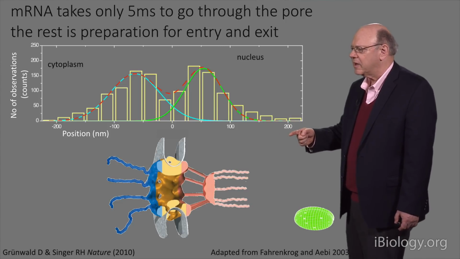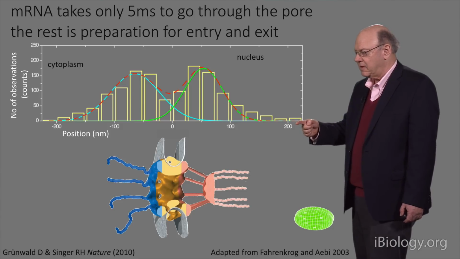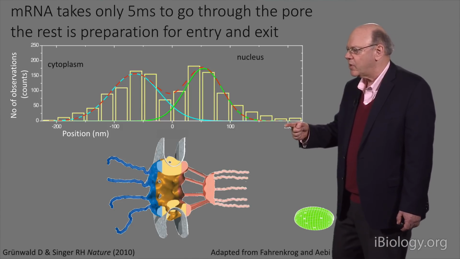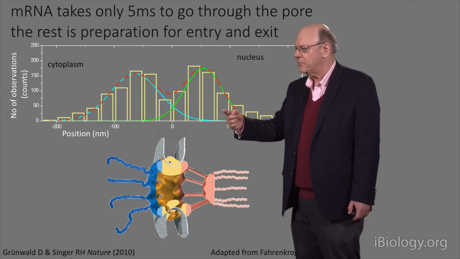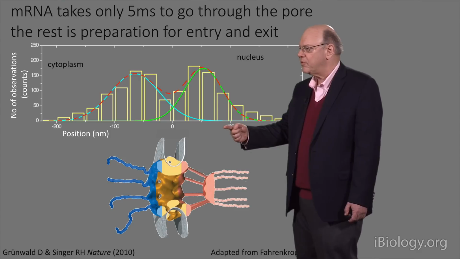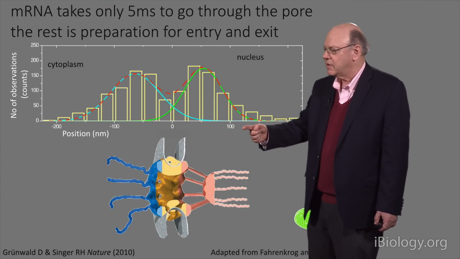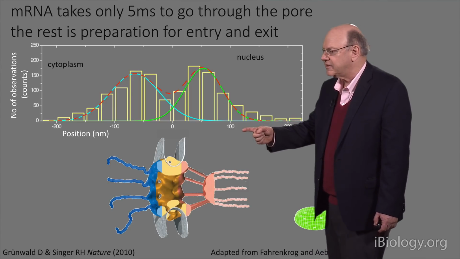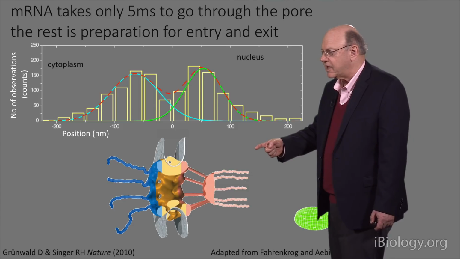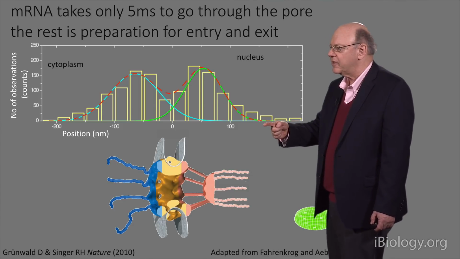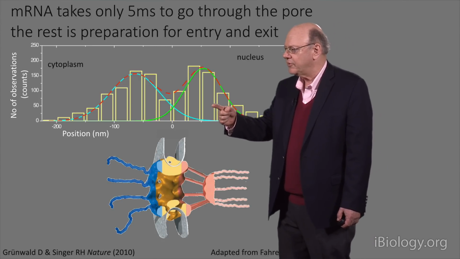So we can look at many of these events and build up a histogram of where these dwell times occur and for how long it stays at each side of the pore. Now remember, we have a pore which is several hundred nanometers in width, and we have a resolution of only 15 nanometers, so we could see exactly where the RNA delays at each point at that dwell time.